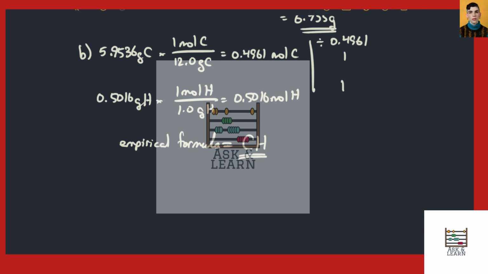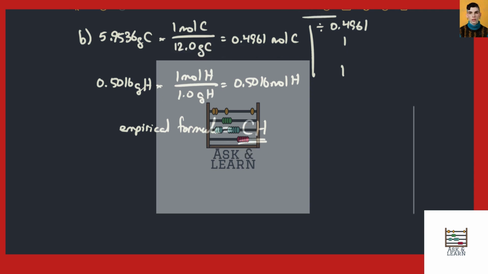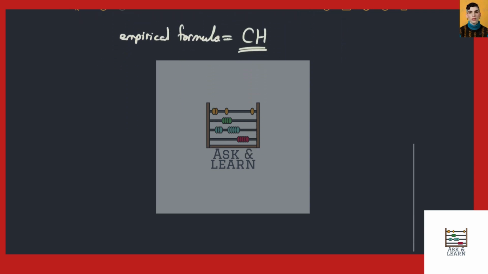For C, calculate the enthalpy of formation per the empirical formula. So for C, we have CH solid plus O2.